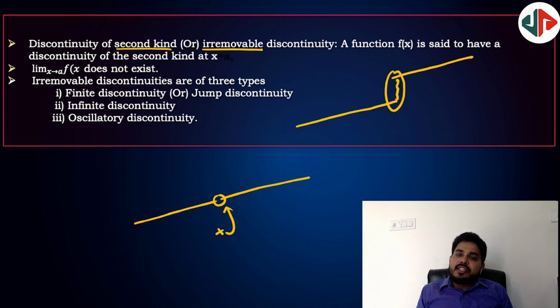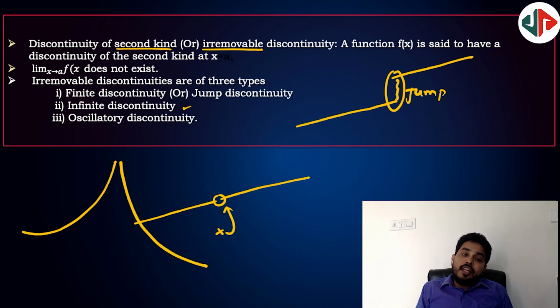No. So this is called jump discontinuity or irremovable discontinuity. Next one is infinite discontinuity, where either the left limit or the right limit, or both, are going to infinity. We call it infinite discontinuity.